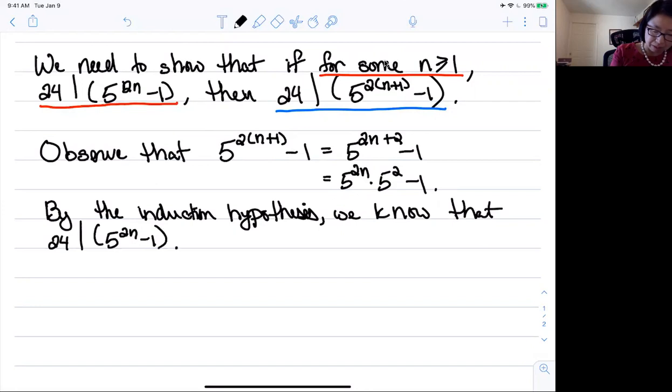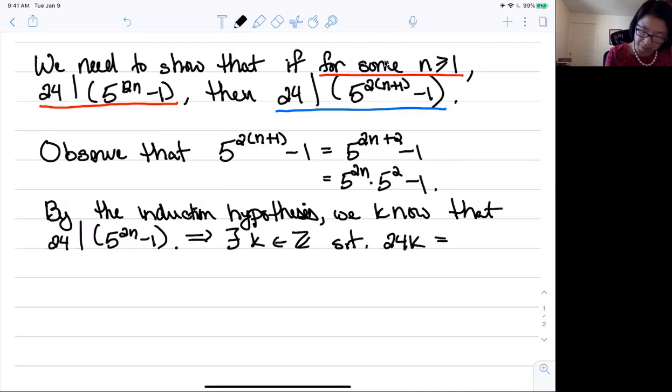So this implies that there exists some integer k such that 24k is equal to 5 to the 2n minus 1. And in particular, if we wanted, we could solve for 5 to the 2n in that equation, and we could get that 5 to the 2n is equal to 24k plus 1.